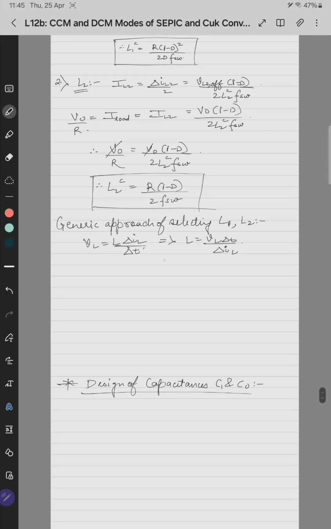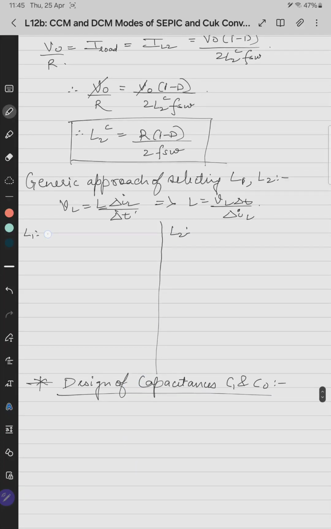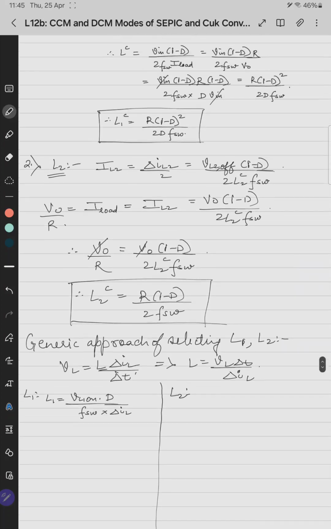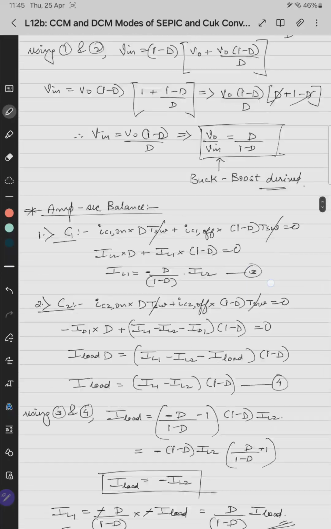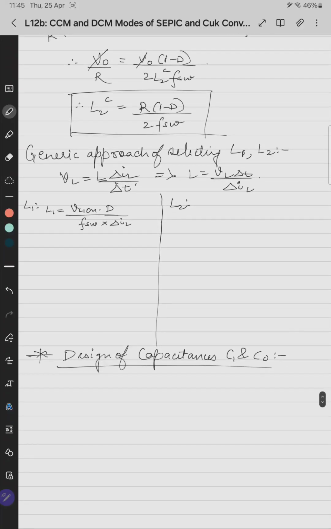We'll split the analysis into two parts. First is for L1, second is for L2. For L1, we write VL1 on into T on, which is D by F switching, into delta IL. VL1 on is V in.